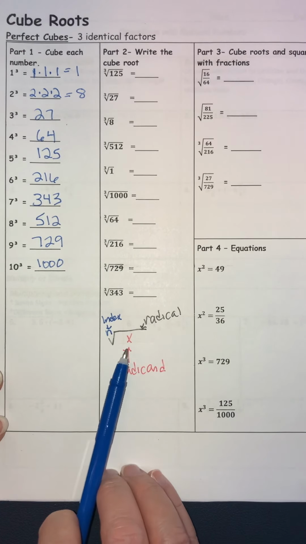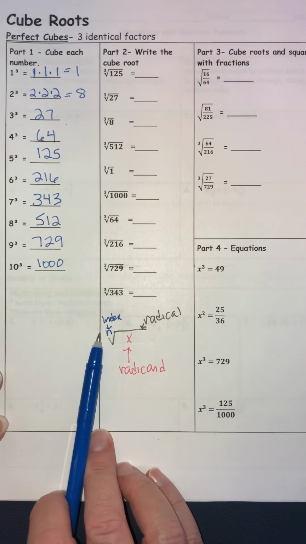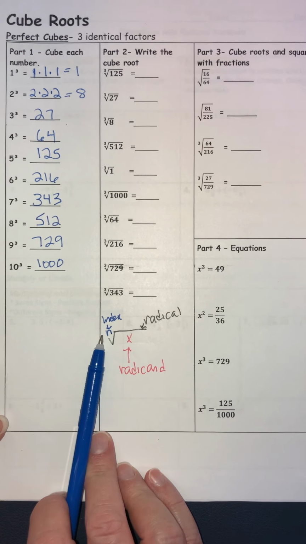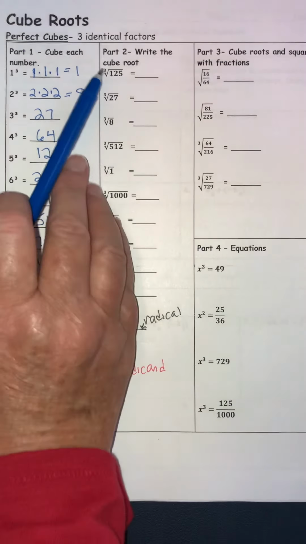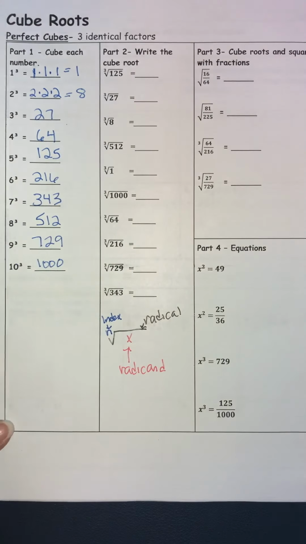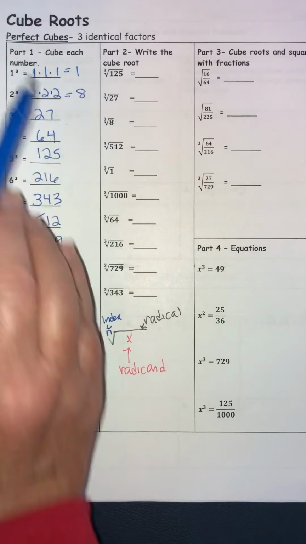Then the radicand is the number that's inside the symbol. And then the index tells me how many times my number had to be multiplied to get to my radicand. Okay, because this is cube root, my index is going to be 3 for all of these.